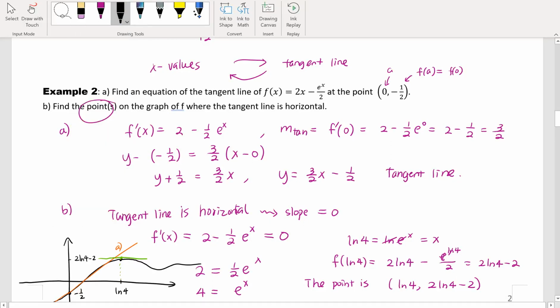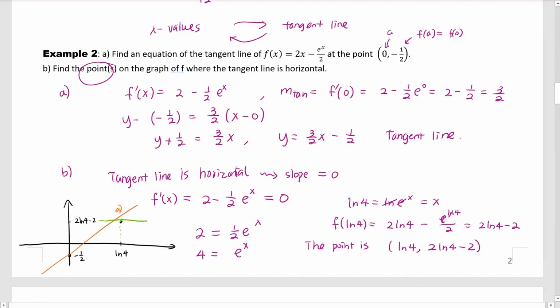So that's why we won't go back like this. So let me draw it again. Okay, so probably it looks like that. So far, so good, everybody?